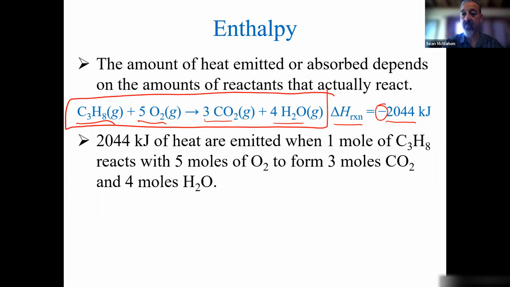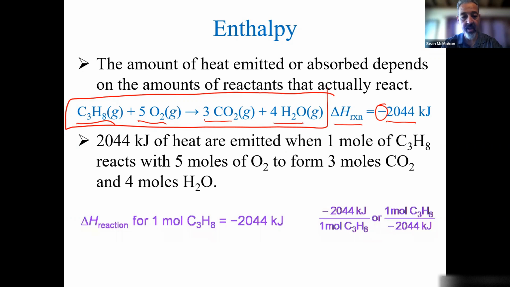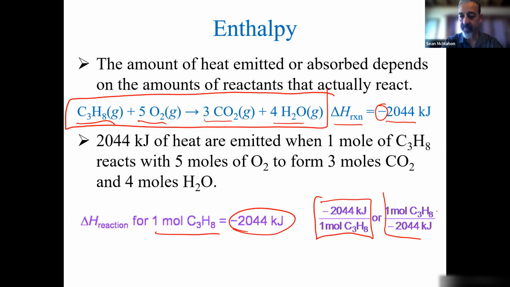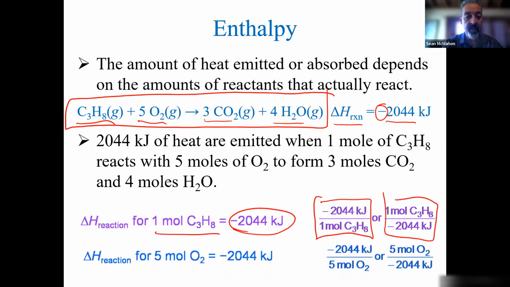So that's a mole ratio, right? So I can literally write, well, if 1 mole of propane is burned, it's going to release 2,044 kilojoules of heat. And I can actually make it a mole ratio. Or if 5 moles of oxygen burn in the presence of propane, then 2,044 kilojoules of heat will be released. How do I know it's released? It's negative, it's exothermic, and I can make a mole ratio.